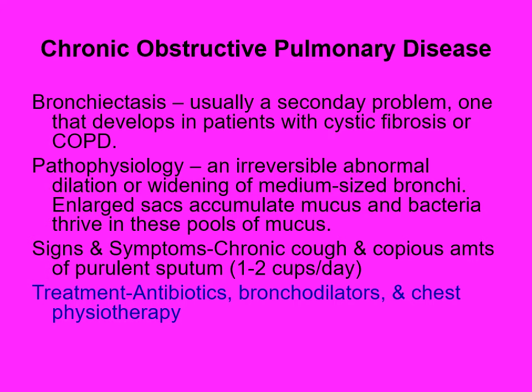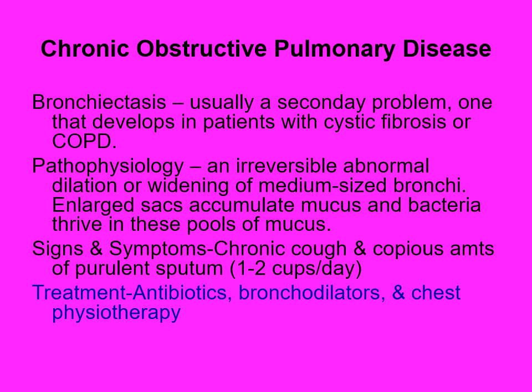Bronchiectasis, our last one under chronic obstructive pulmonary diseases, usually a secondary problem, one that develops in patients with cystic fibrosis or COPD. Pathophysiology: an irreversible abnormal dilation or widening of medium-sized bronchi.